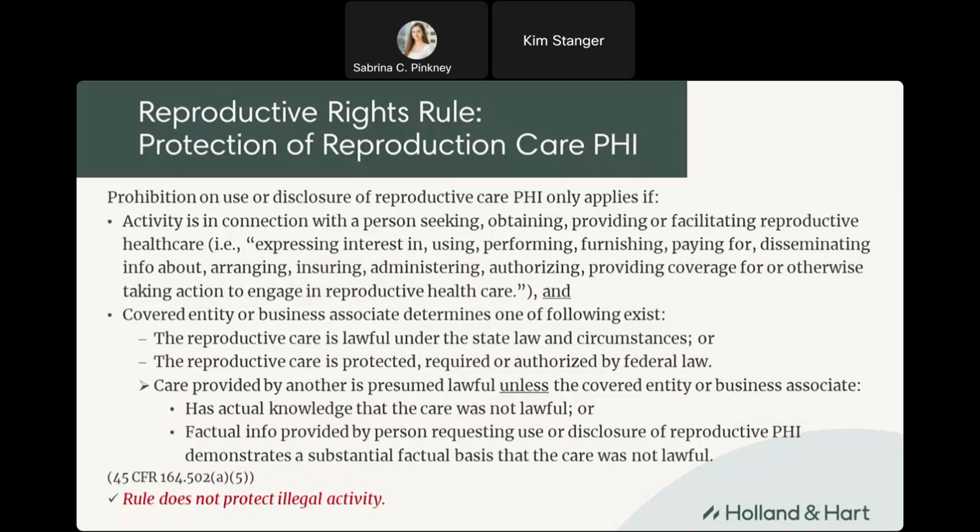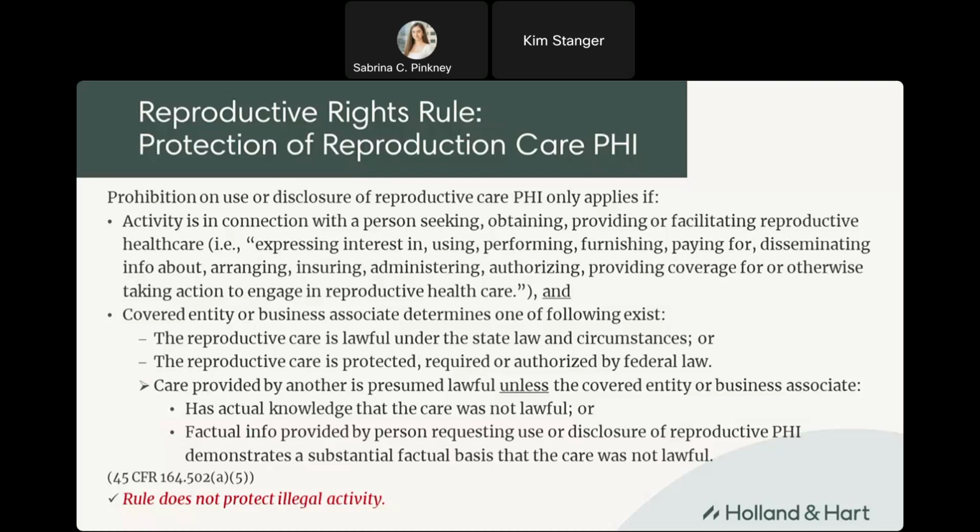So the prohibition on the use or disclosure of reproductive care PHI only applies if, meaning that you can't disclose the information if the activity was legal. And that's defined as the activity is in connection with a person seeking, obtaining, providing, or facilitating reproductive health care. That means expressing an interest in, using, performing, furnishing, paying, or disseminating information about, and so on, reproductive health care. Okay, so it's pretty broad.